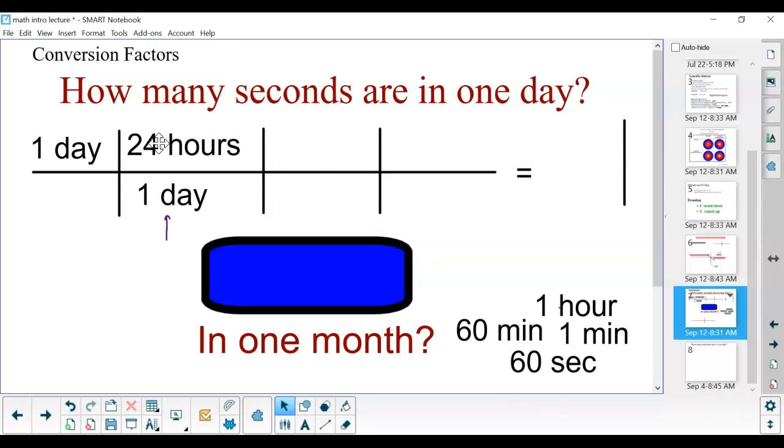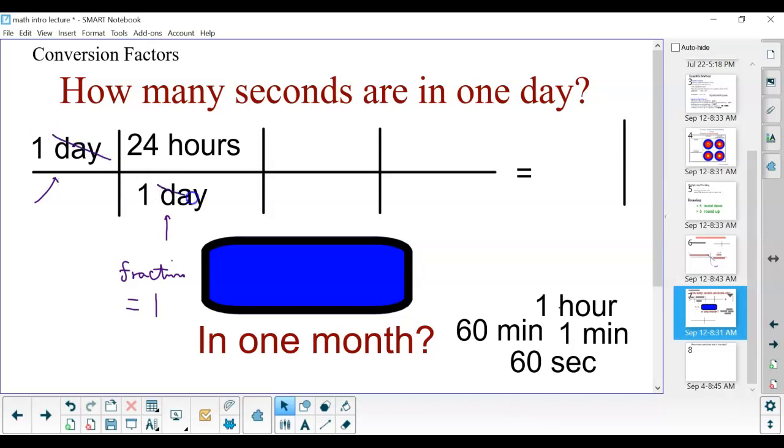Notice what I've done here is I have a fraction, because I have something on top and the bottom, and the top equals the bottom. If the top and bottom are equal, then the value of that fraction is 1. And I can multiply anything, in this case my starting value of days, by 1 and not change its value.